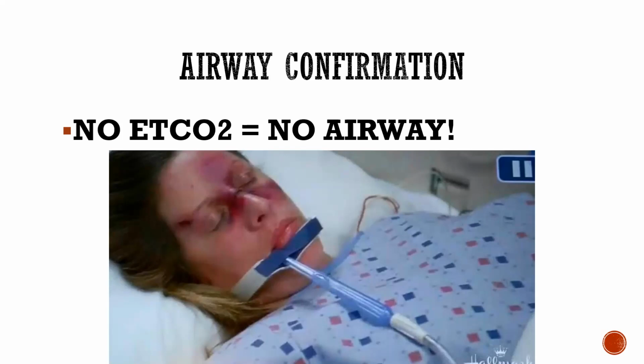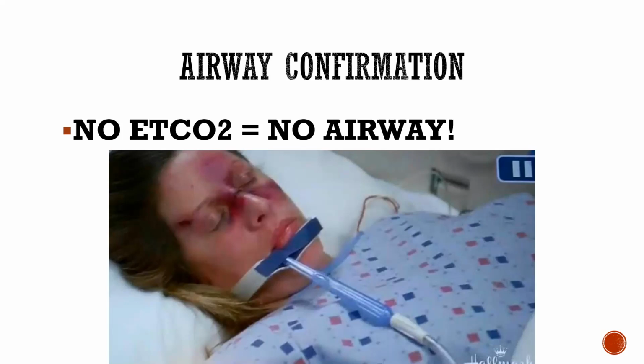But one thing I want you to keep in mind is that there have certainly been instances where we get so focused on trying to troubleshoot the tubing that we end up having a prolonged time that we have an airway in place, but we don't have a confirmation that it's actually doing anything.